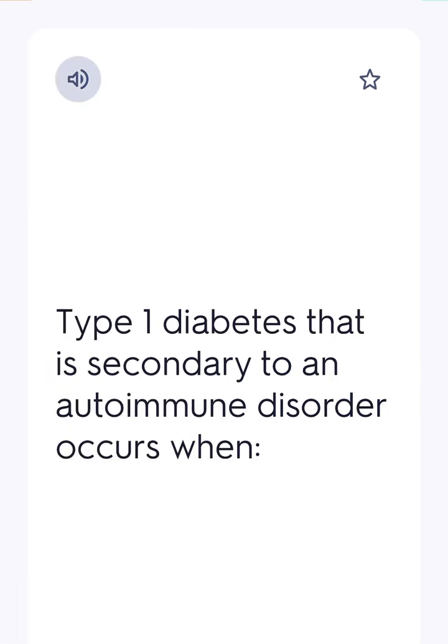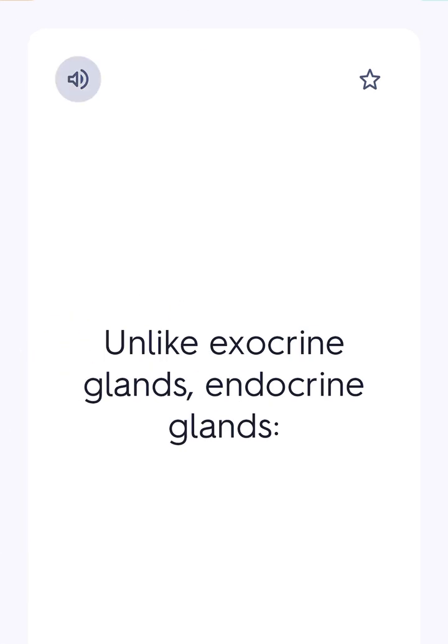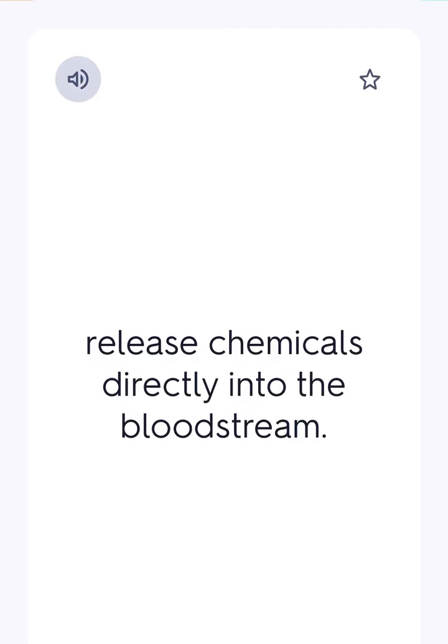Type 1 diabetes that is secondary to an autoimmune disorder occurs when the body builds up antibodies that destroy the islets of Langerhans. Unlike exocrine glands, endocrine glands release chemicals directly into the bloodstream.